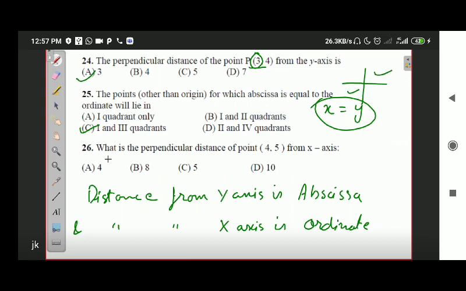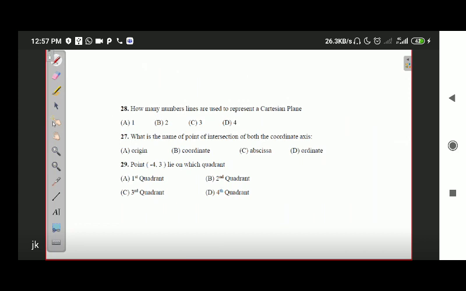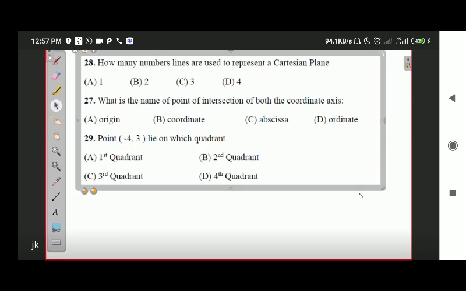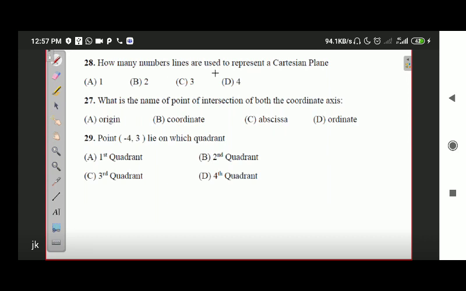Question number 26: what is the perpendicular distance of point (4, 5) from the x-axis? From the x-axis it is the ordinate, option C. Next is question number 28. How many number lines are used to represent a Cartesian plane? In a Cartesian plane you have two number lines, the x-axis and the y-axis, so the answer is 2.